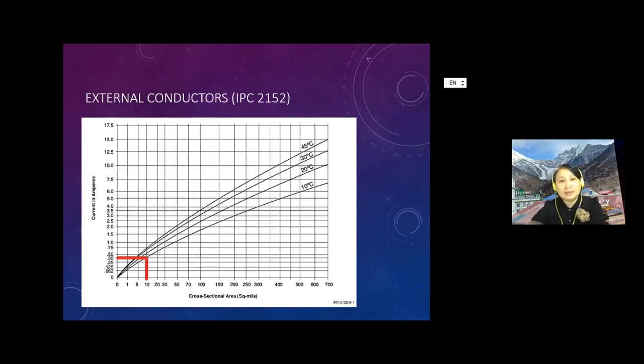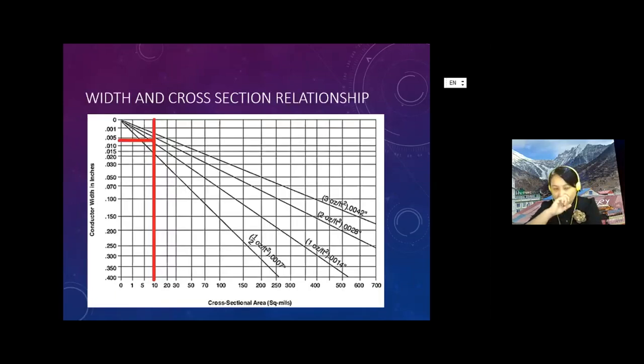And then I choose according to the thickness of the copper, because more copper means they can have a smaller width. But if I have only half ounce, if you see here, we will have a bigger width requirement, right? So this is something where there's a relationship. You need to be careful with that.